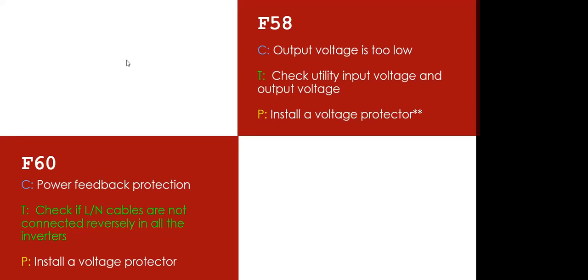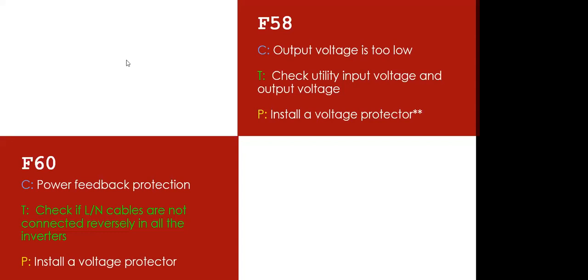So another fault we can encounter, and it's not really a fault, it usually comes as a warning until we get it right. It will be coming as a warning for AC input.